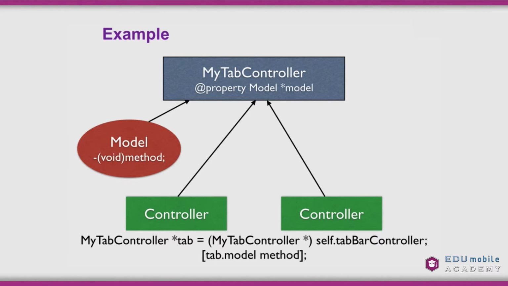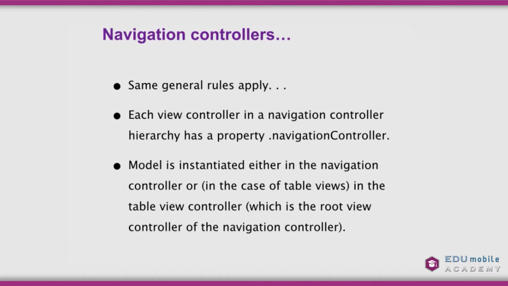So this is kind of the same thing we do with navigation controllers, the same kind of code, except we're going to use a different property. But with tab bar controllers, we can see that we can very easily access a single model instantiated within the tab bar controller itself. So with navigation controllers, again, the same general rules apply.